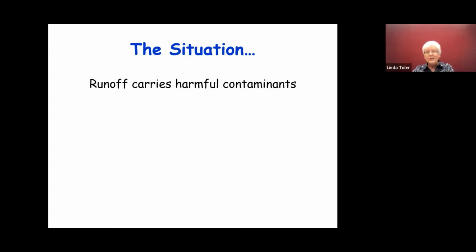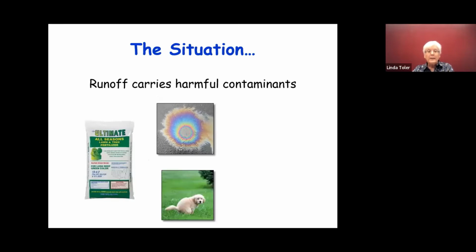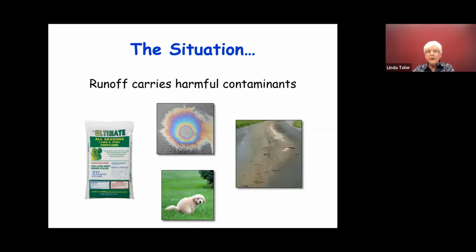And this runoff will take with it anything that's laying on those surfaces, including harmful materials such as the chemicals that we use on our yards, unused fertilizers and herbicides, pesticides, petroleum products such as motor oil and gasoline that leak from our vehicles, bacterial contaminations from animal waste, and even eroded soil that washes from the bare, unplanted areas in our landscape.